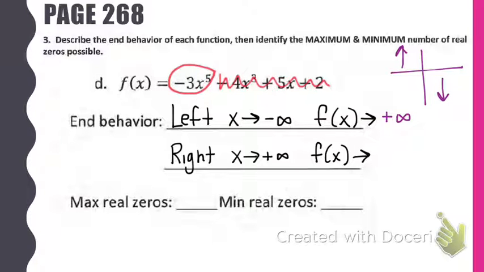And then where it says right, because it goes down, we're going to put a negative infinity. The maximum number of zeros for this example is what? 5. What's the minimum?